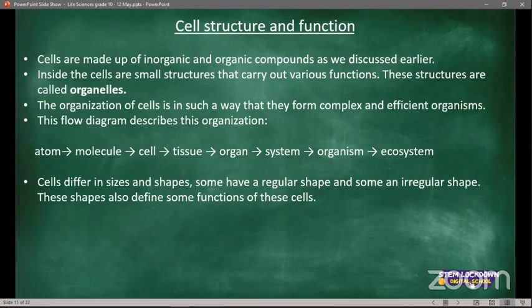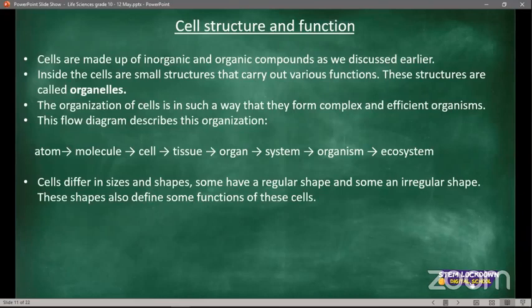The organization of cells is in such a way that they form complex and efficient organisms. Examples of those are humans, other animals, and plants. So this is due to the organization of these cells.